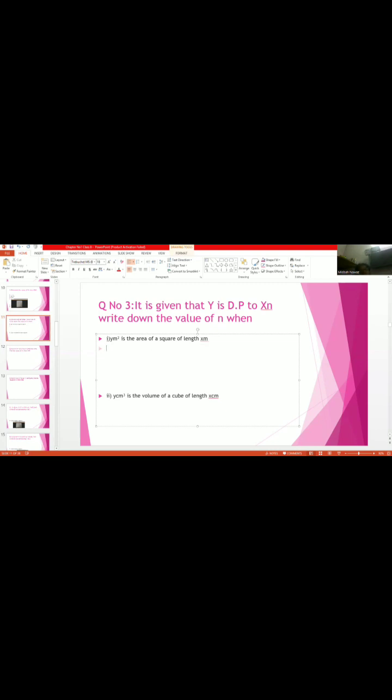When such a question comes, first of all, you have to write the connecting equation. In the first page, they have written y, so you have to write y is equal to x raised to power n.